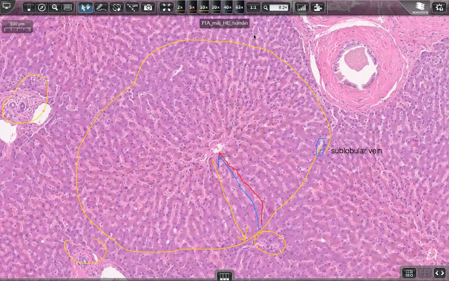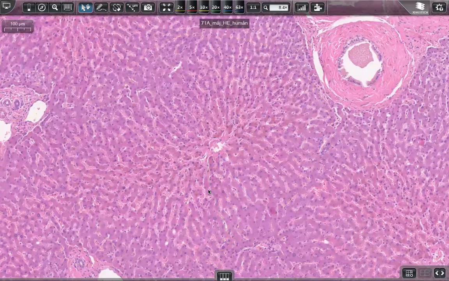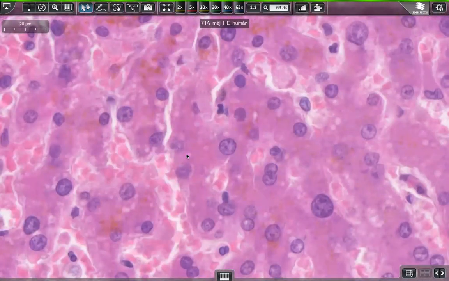And also, by the way, the lymph also follows this direction. So the lymph vessels, I told you, also carry the lymph toward the periphery. So the blood goes from the periphery to the center, and the bile and the lymph from the center to the periphery.